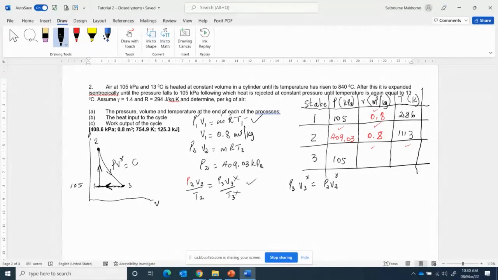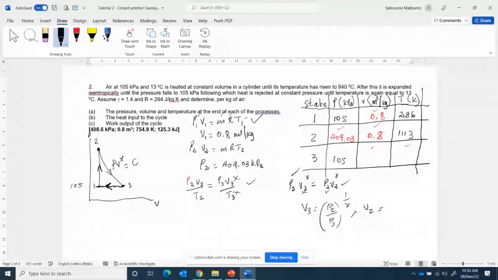So we have P3 is 105. We don't have V3. We have P2. We have V2. Therefore, V3 is equal to what? It's going to be P2 divided by P3, to the power 1 over gamma, multiplied by V2.